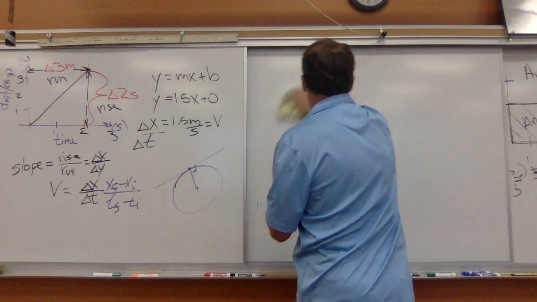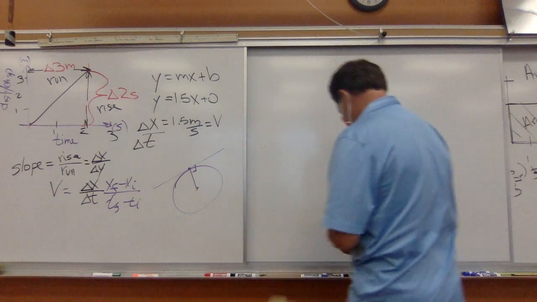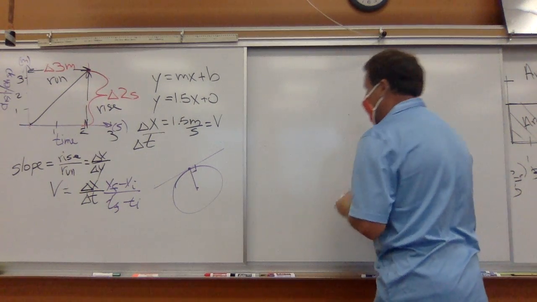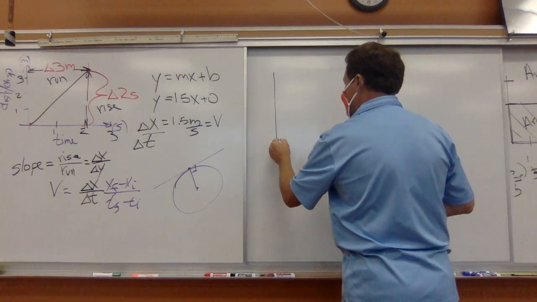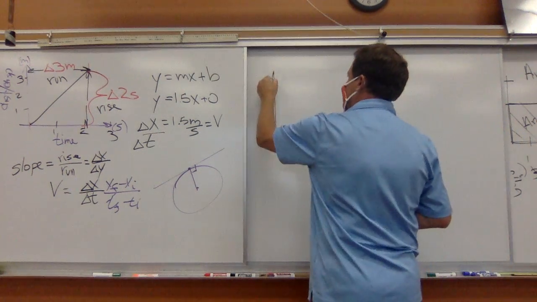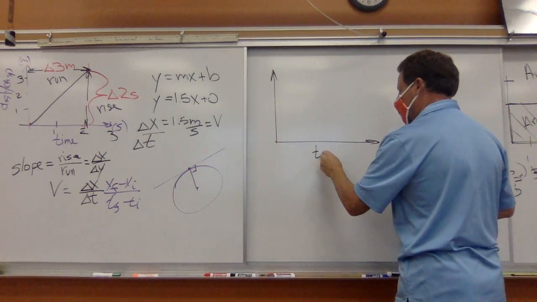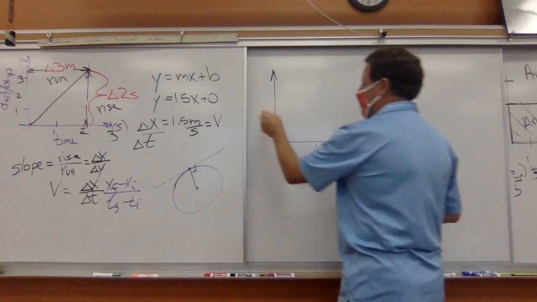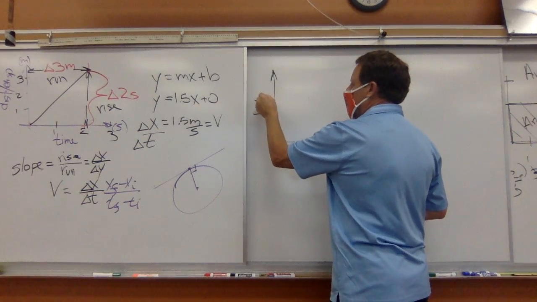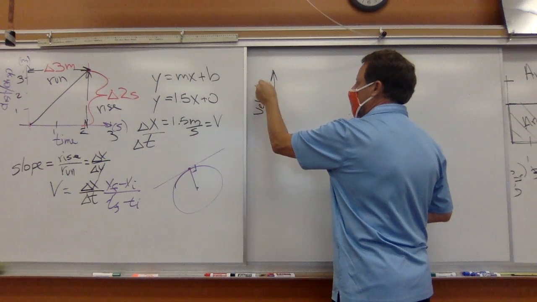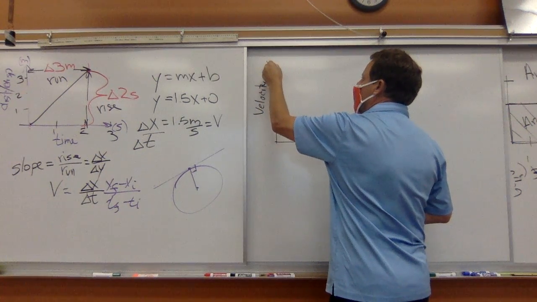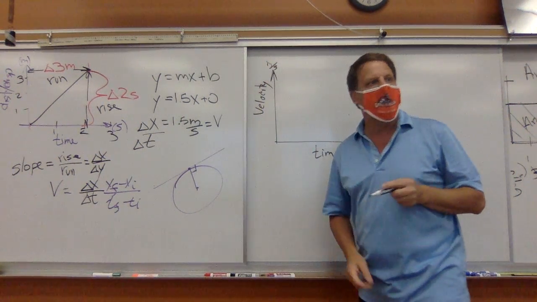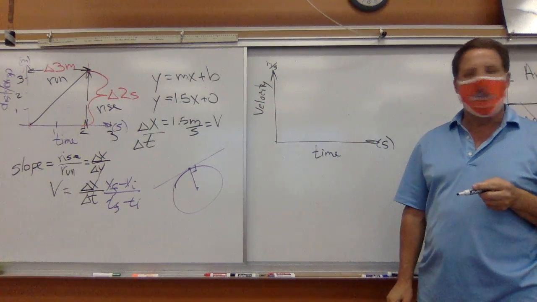All right. So this graph right here is now not position versus time, although this is still going to be time in seconds. This is going to be velocity, and the units for this are going to be meters per second.